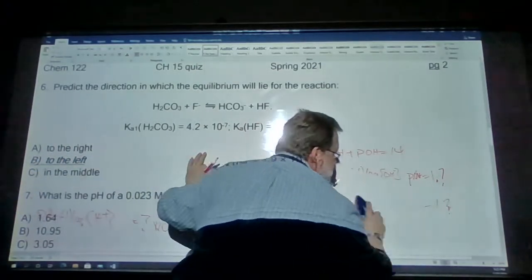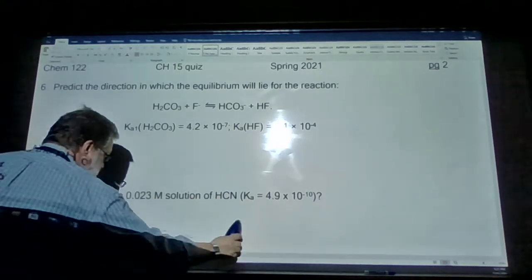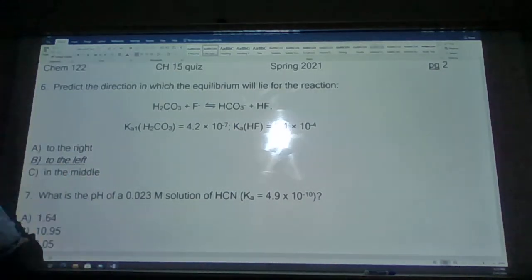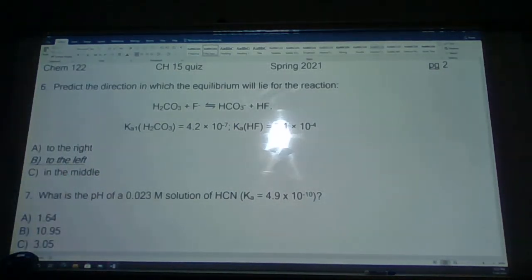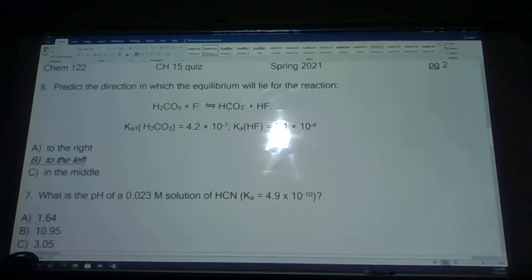Number 6. Predict the direction in which the equilibrium will lie. So we mix carbonic acid with sodium fluoride, some hydrogen carbonate, and some HF.